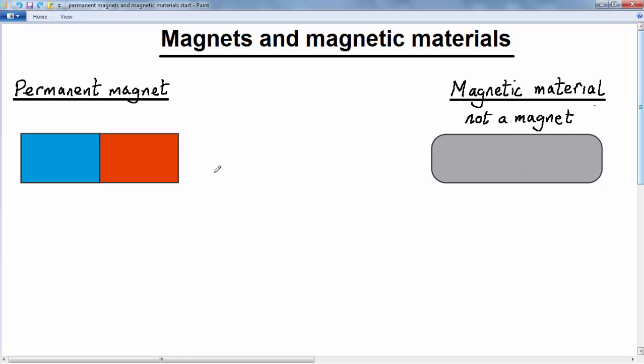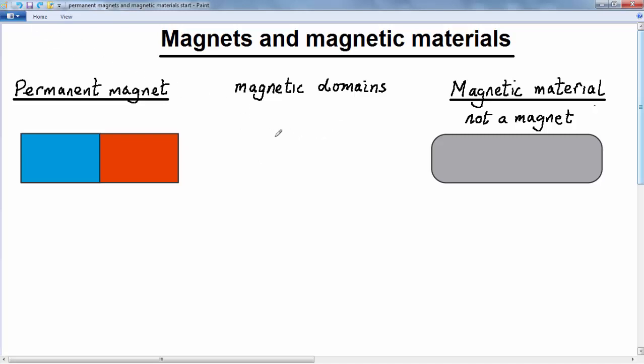Now, to really help us understand the difference between these two, we've got to use a term called magnetic domains. Both the permanent magnet and the magnetic material contain magnetic domains. The problem is that the term magnetic domain doesn't really enter the IGCSE or GCSE curriculums as a general rule, but it is really very difficult to explain the difference without using this term.